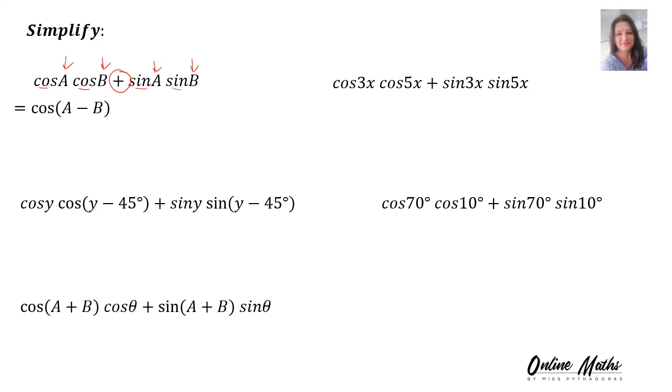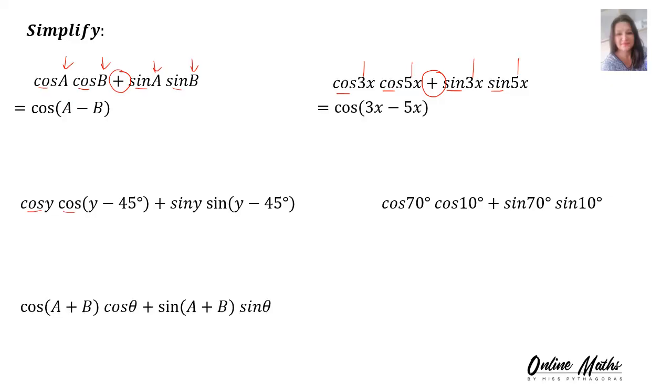The next one on the right, let's recognize the pattern. Cos cos, sin sin. And then the angles 3x, 5x, 3x, 5x with a plus separating them. So that one is cos 3x minus 5x. The next one down here in the middle, let's recognize the pattern.